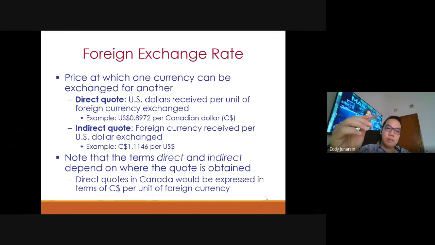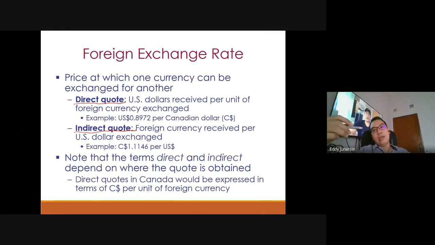But we'll see some important concepts from the multinational financial management. So we have types of quotes here. We have direct quotation and indirect quotation. So direct quotation means that you mention your home currency in front, while the foreign counterpart at the back.